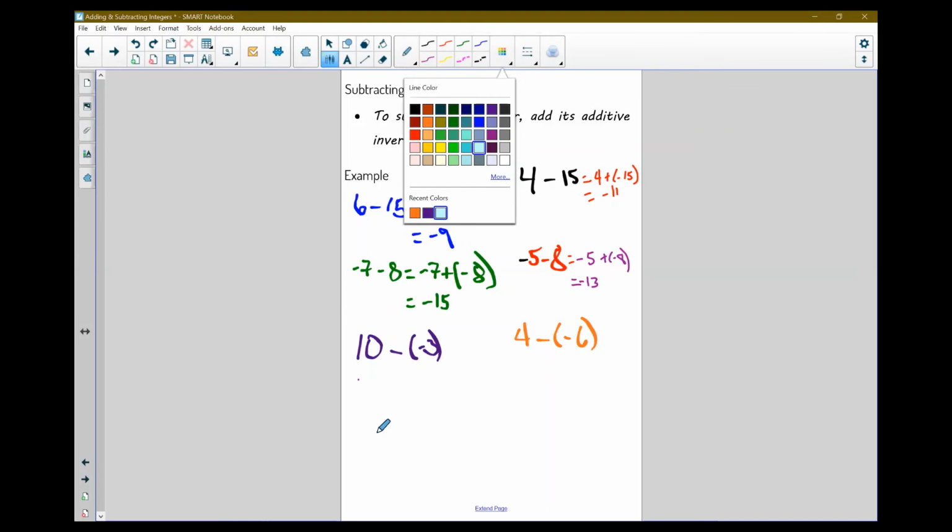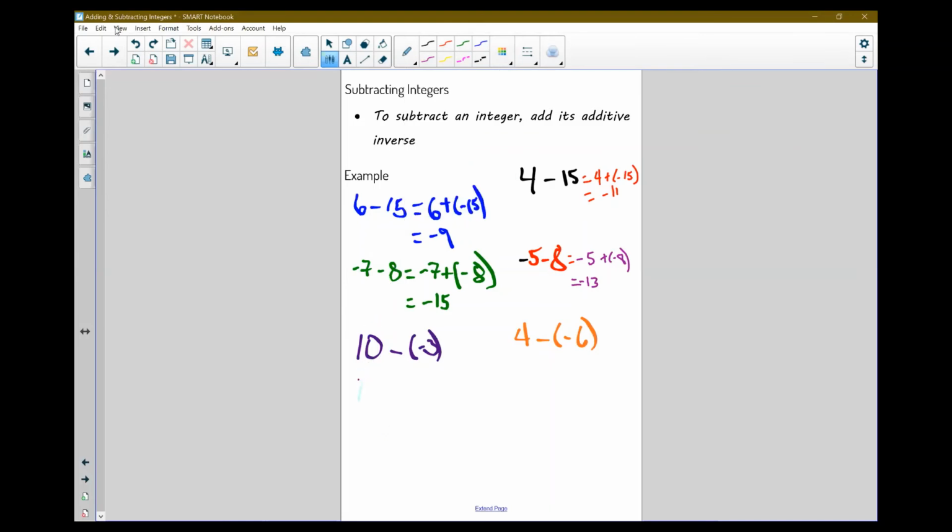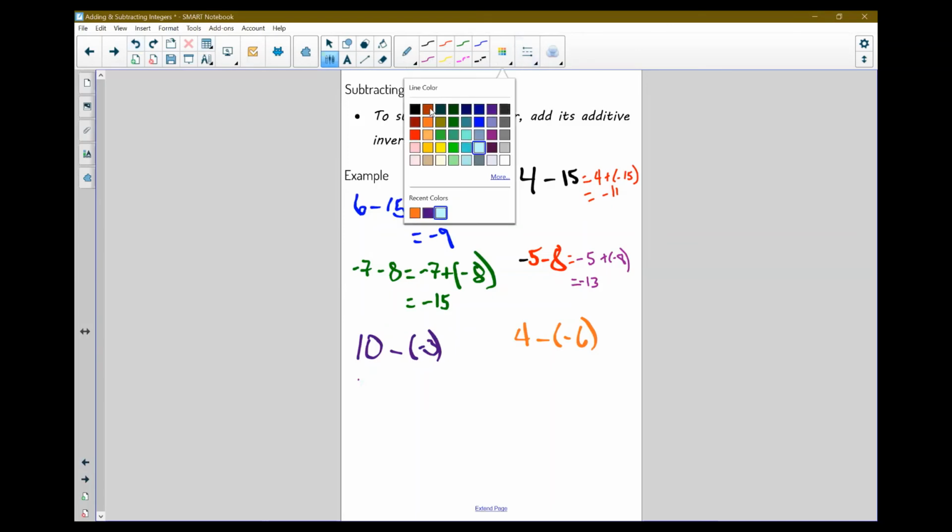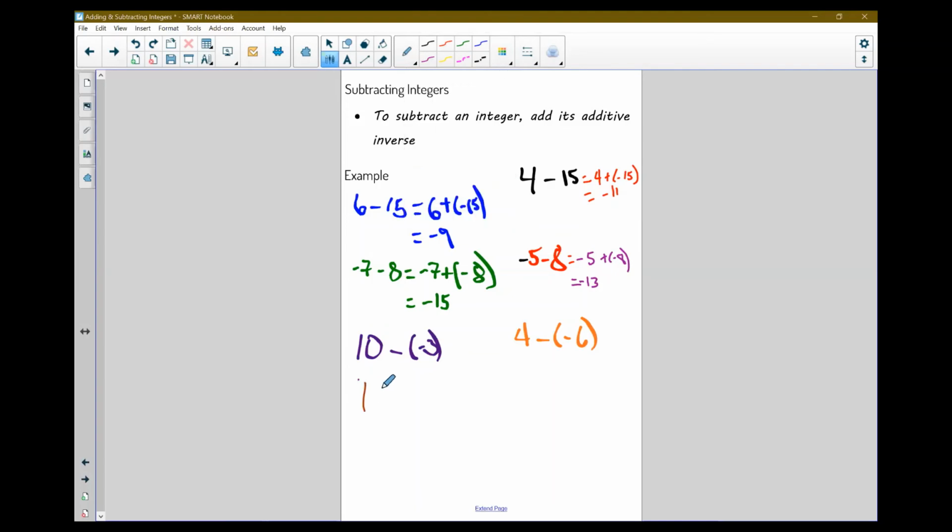Okay? So for this problem, we're going to rewrite it as 10 plus -3. Okay. And then for this one, I'm going to write 4 plus -6.